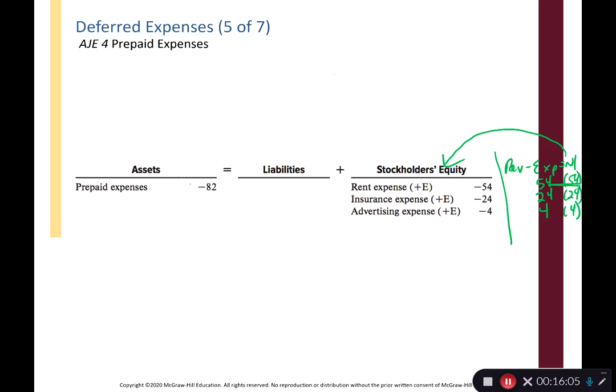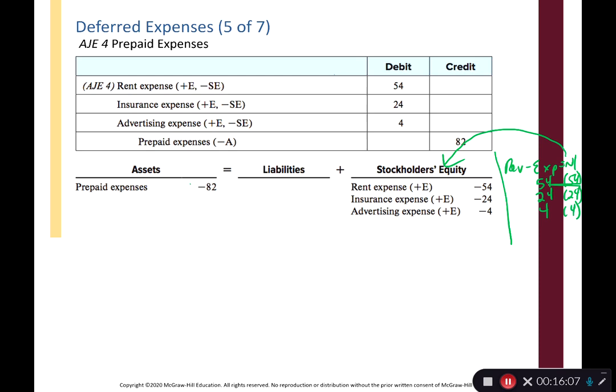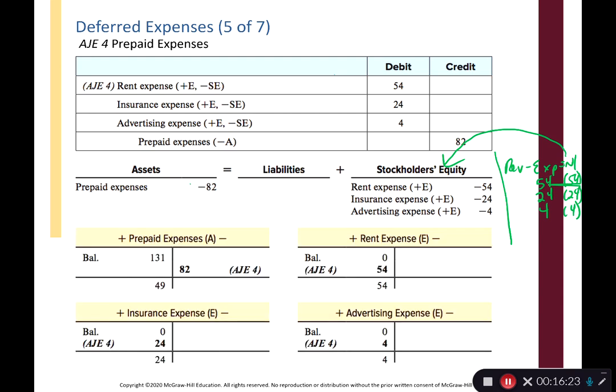So our adjusting entry is going to involve a debit to all of those expense accounts and then a credit to our prepaid expenses. Because we debit expenses to make them go up, and because we've used up the prepaid, we credit the prepaid account to make it go down. Then we post to all of our T accounts to adjust the balances. If it's on the left, we put it on the left.